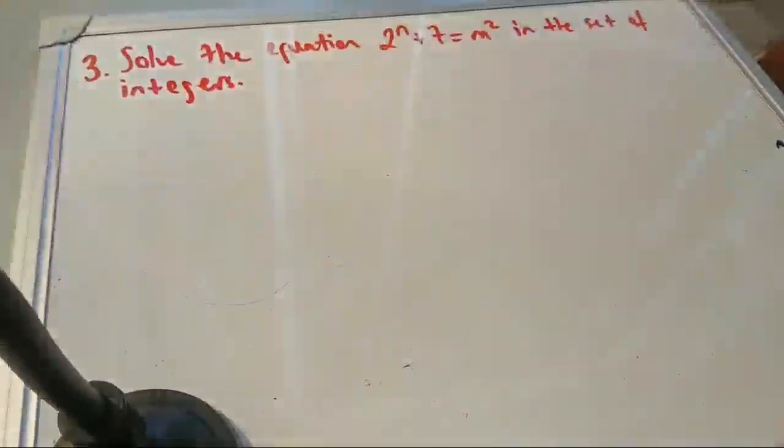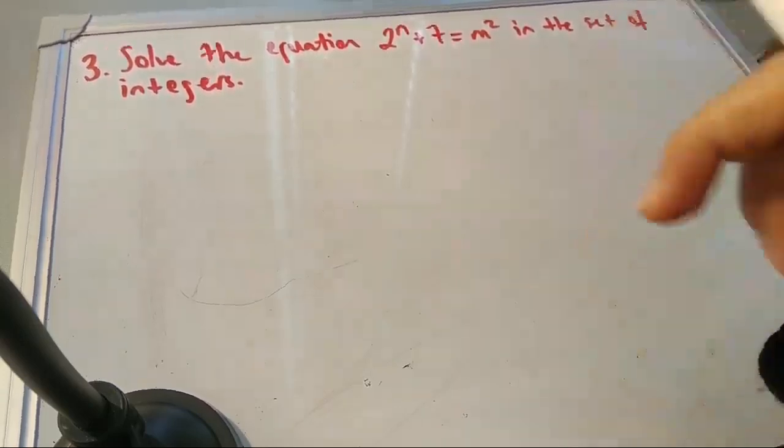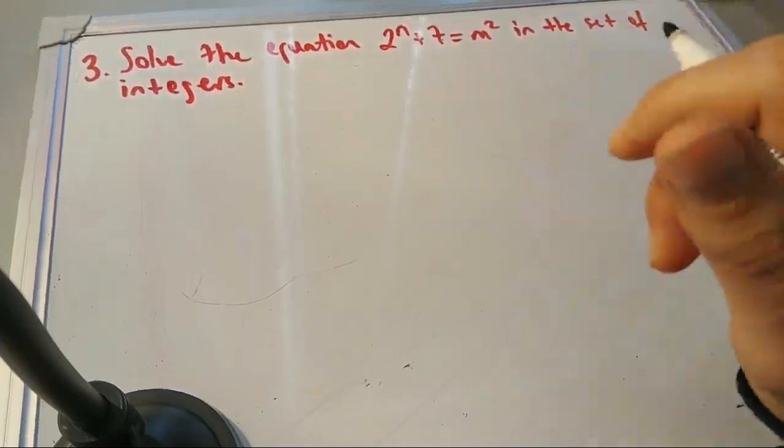The equation given is 2 to the power of n plus 7 is equal to m squared. So actually 2 to the power of n plus 7 is a perfect square because it equals m squared. So all you need to do is find the values for m and n. But don't forget, m and n are integers.